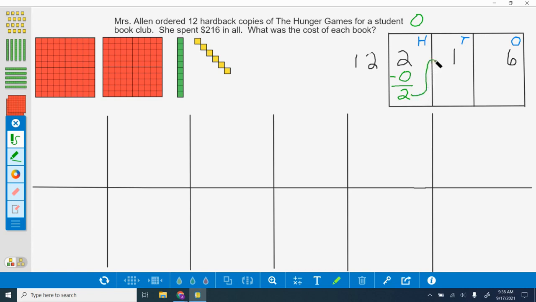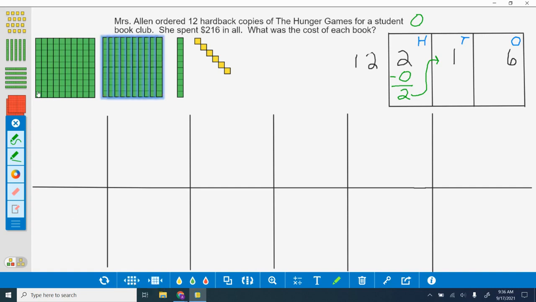Let's talk about that. When we regroup, we are going to break apart the hundreds into tens. So I just took 100 and regrouped it into tens. I'm going to do that with the other 100 and regroup that into tens.